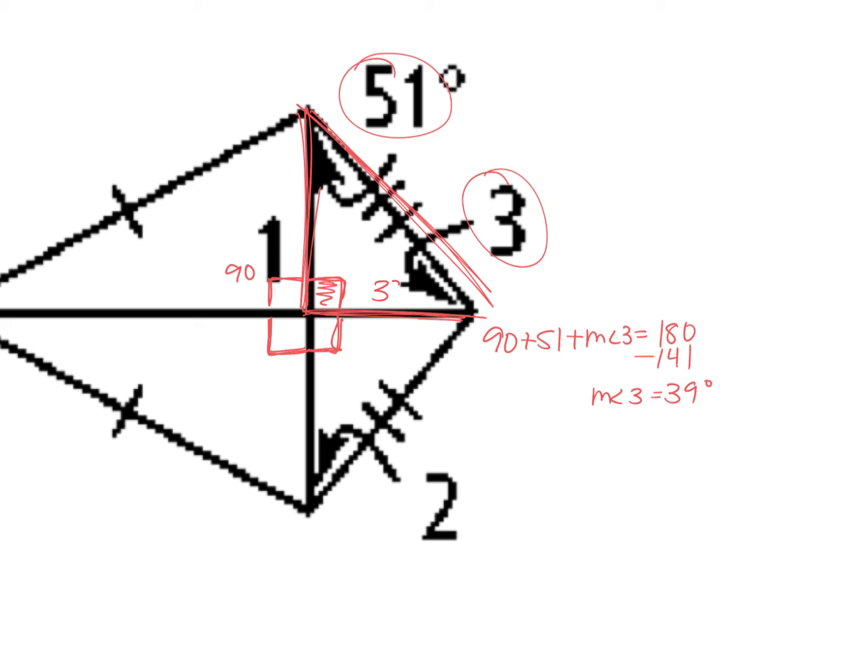Okay, so this is 39 degrees. What's angle 2? Not 39. This one would be 39, right? That one gets bisected. What's this one? 51. 51, same as this one. Okay. And why is it the same as that? If you look at this, right? That's an isosceles triangle, and base angles have to be congruent. So this angle down here would have to be the same as this one down here in that isosceles triangle.